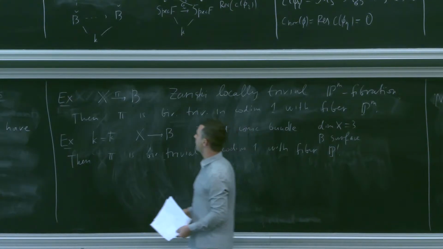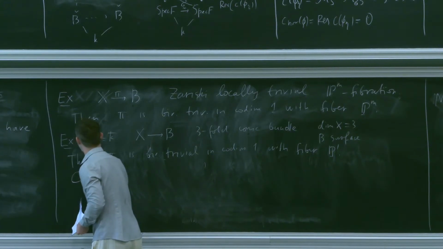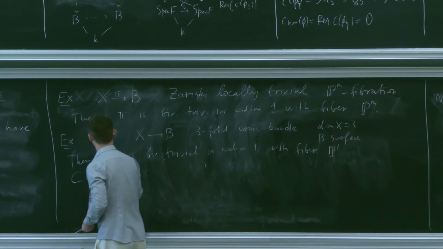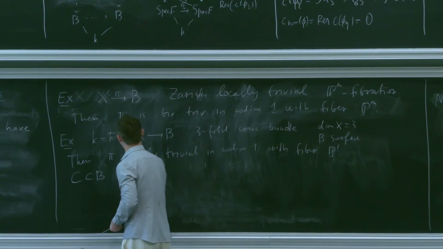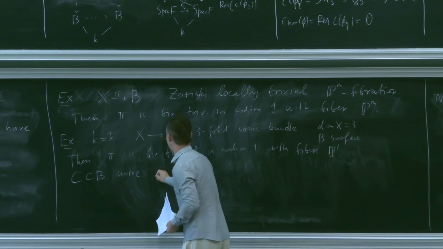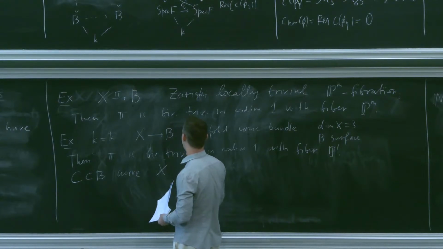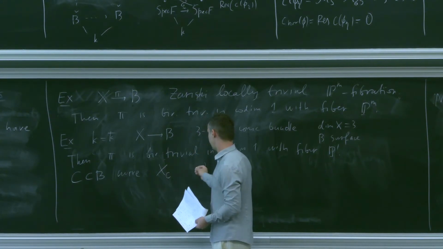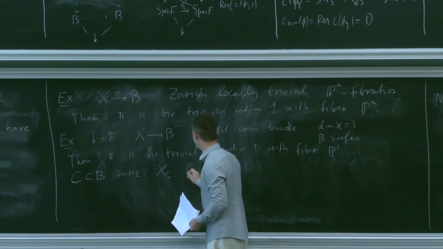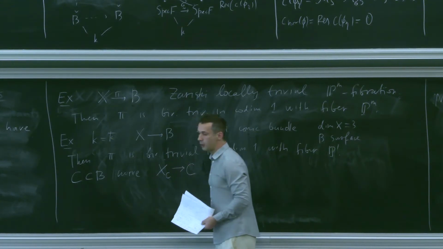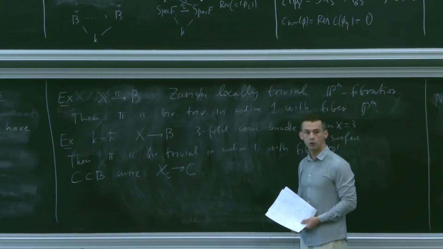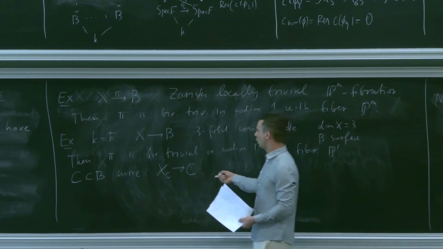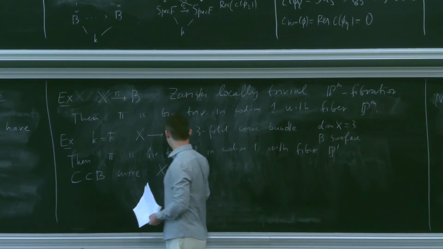What I'm saying is, if you take a general curve downstairs and restrict your fibration to this curve, that's now a ruled surface, a conic bundle over the curve.